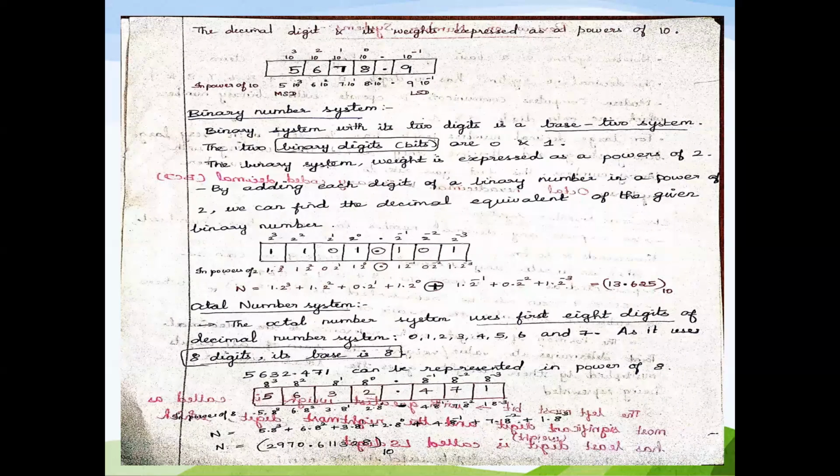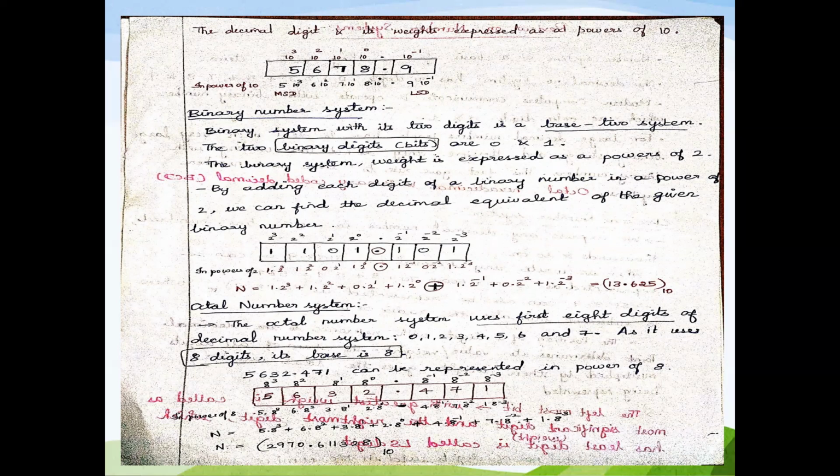The same example I have considered, 5678.9, can be represented as 5 into 10 power 3, 6 into 10 power 2, 7 into 10 power 1, 8 into 10 power 0, 9 into 10 power of minus 1. As said earlier, the leftmost digit will have the maximum weight, that is the most significant digit, and the rightmost will have the least weight, that is called the least significant digit.